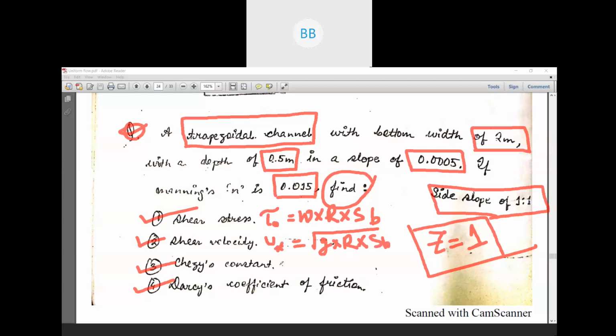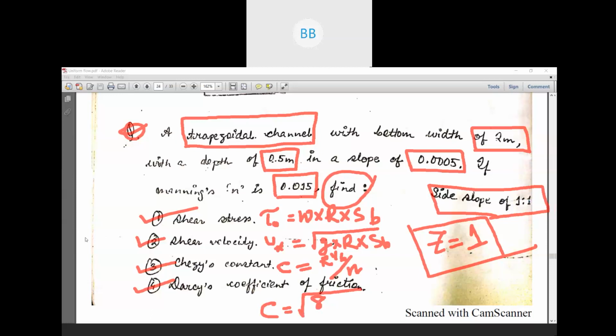Okay, then we have Sage's constant. So C is nothing but your R to the power 1 by 6 divided by n. Okay, the n value is given 0.015. Then Darcy's coefficient of friction. So we also know C is equal to root over 8g divided by f.